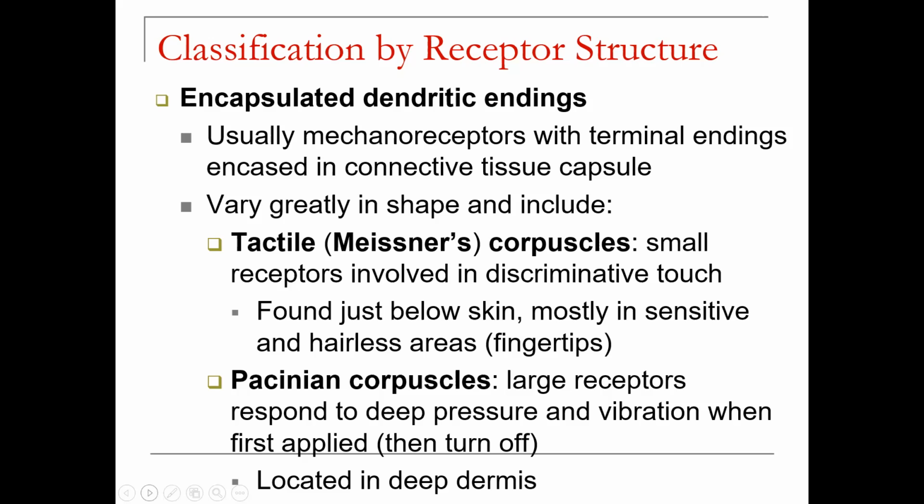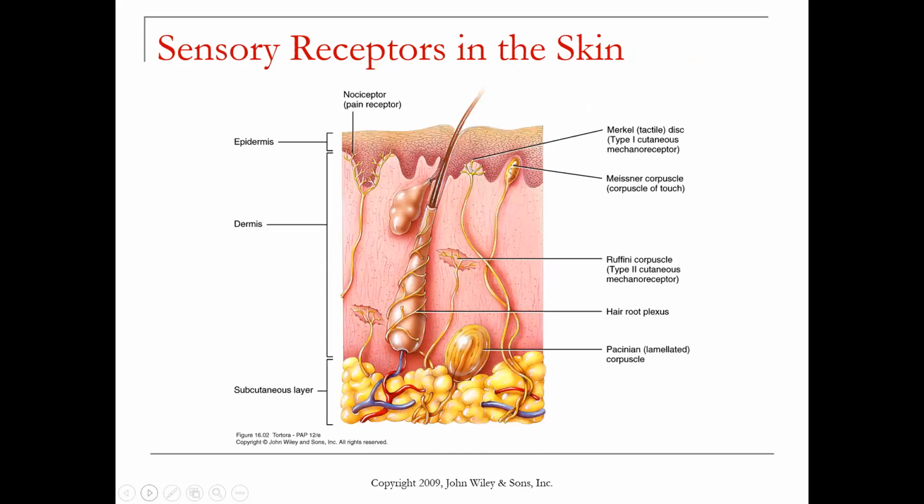Those are the Pacinian corpuscles. They respond to deep pressure and lots of vibration. You don't stimulate them like the tactile receptors such as the Meissner's. These take a lot of pressure, like a deep tissue massage would stimulate these structures, the Pacinian corpuscles, and they're very deep in the skin.